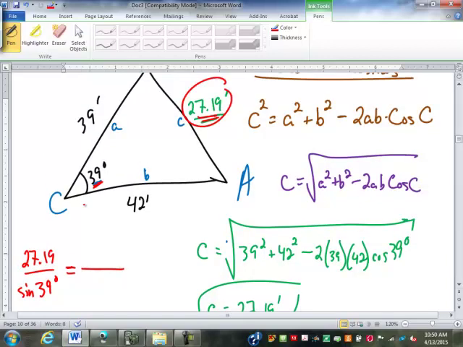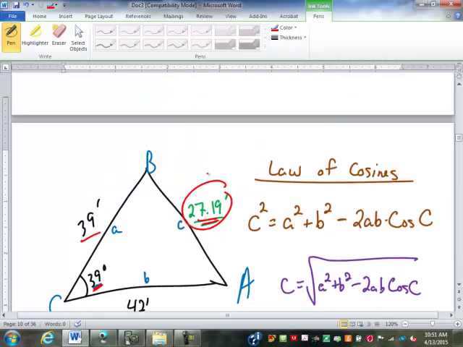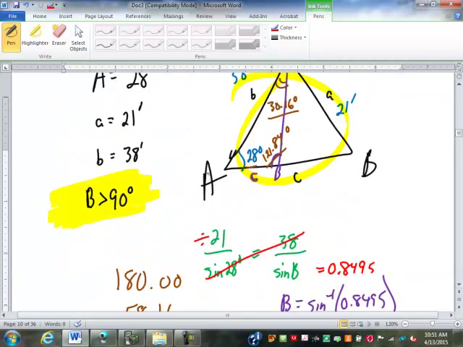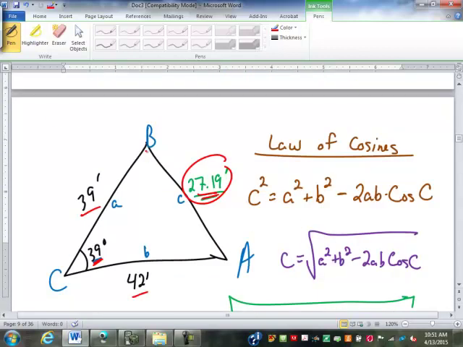When I go to find the next angle, I could use either the 39 feet or the 42 feet. Always use the smaller of the sides. There's a good reason for that. Remember up here where that one angle was obtuse? Well, down here, all we know is that B is the largest angle because it's opposite the largest side.